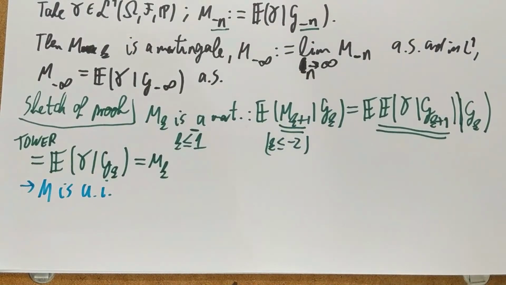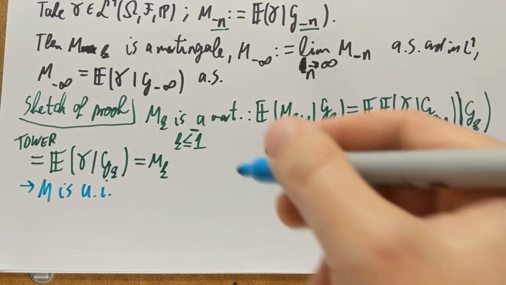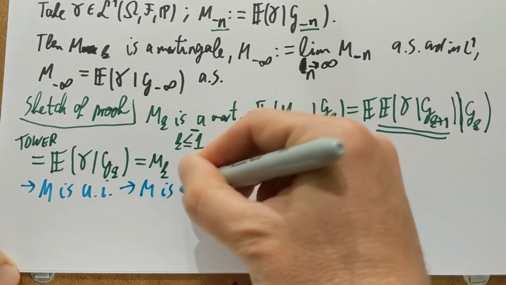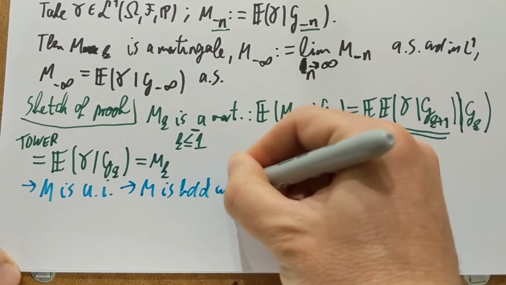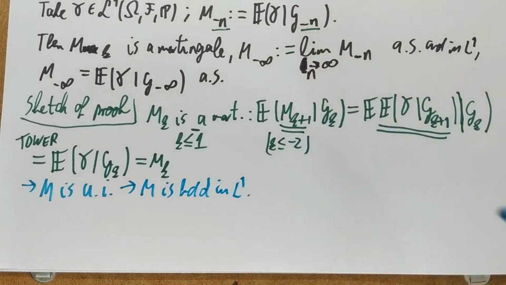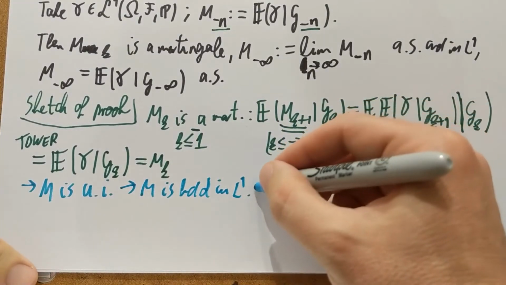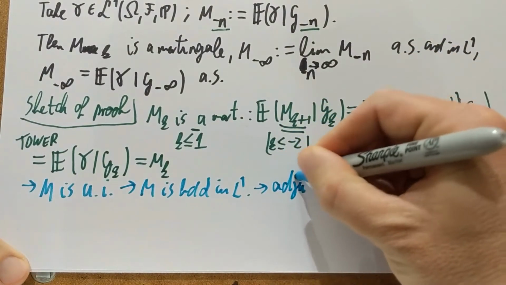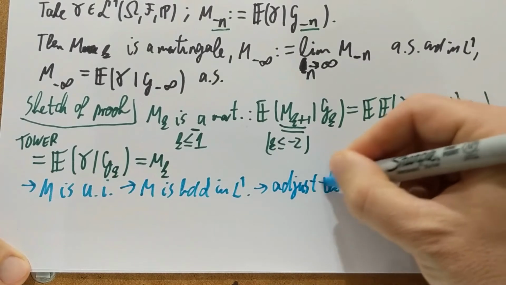And the proof of that works very similarly to the forward case, to the original uniform integrability proof. Then it follows that M is bounded in L1. Okay, once that's known, then you can do the upcrossing proof. You can adjust the upcrossing proof to this setting.